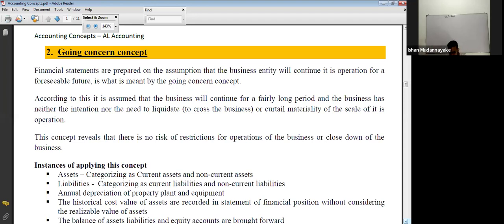If our financial year ending date is 31st March 25, then after that date the business organization will be continued for more than 12 months after the year ending. That is the going concern concept.